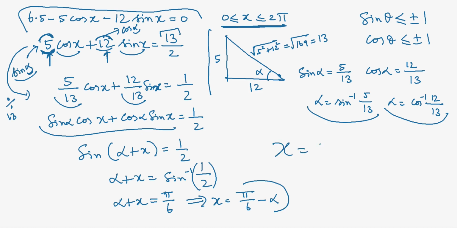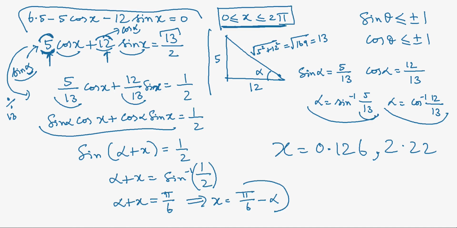So x is 0.126 radian and another value is 2.22 radian, because x is to be from 0 to 2 pi.